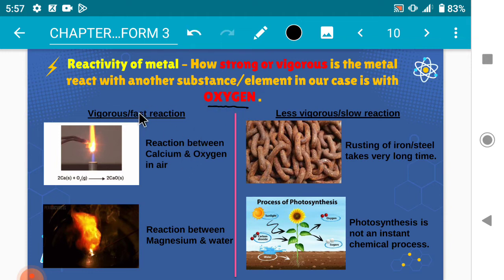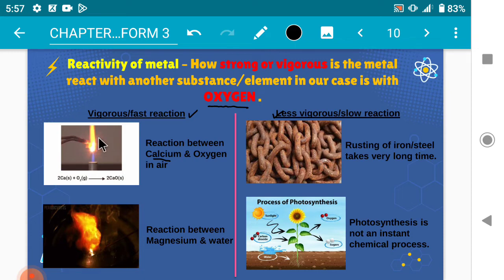Reactivity of metals is subcategorized into two: vigorous or fast reaction, and less vigorous or slow reaction. A vigorous reaction, for example, is the reaction between calcium and oxygen.